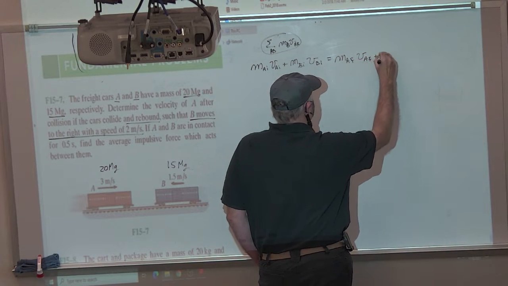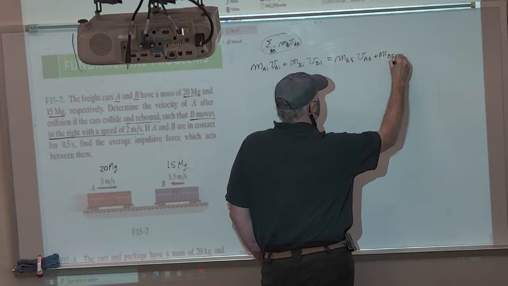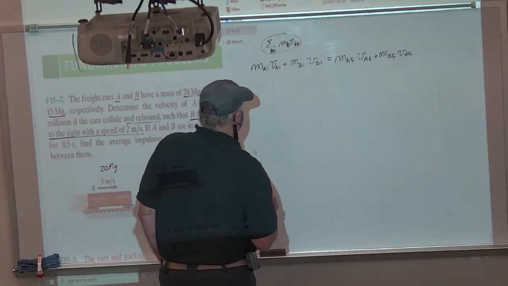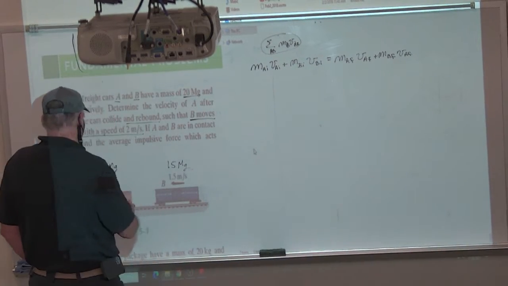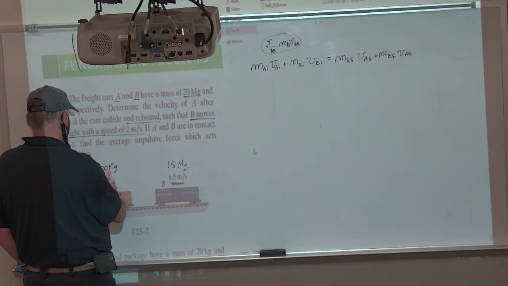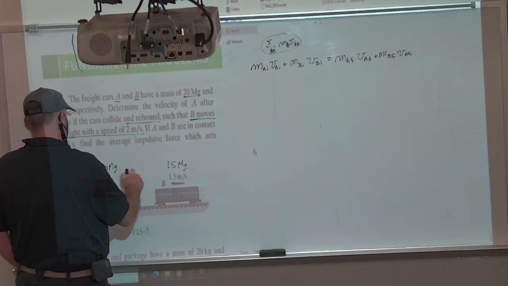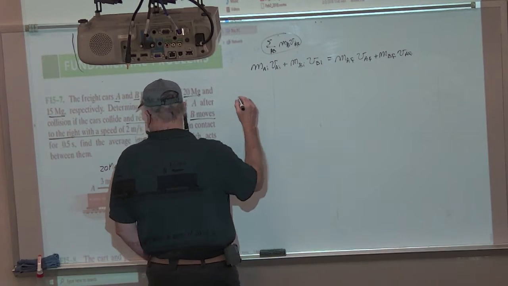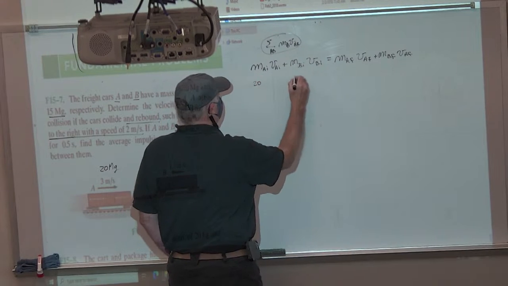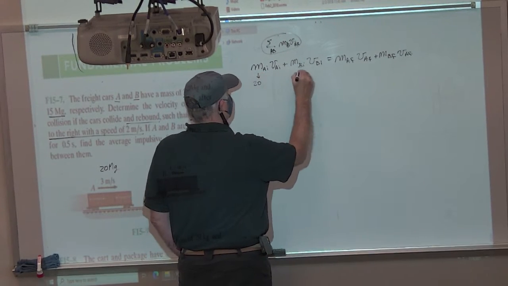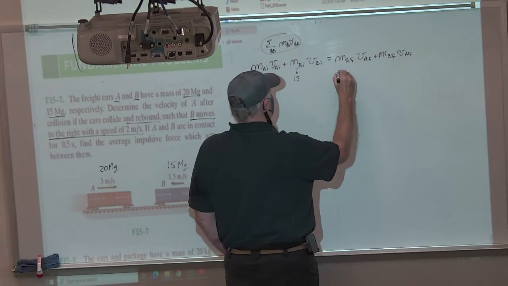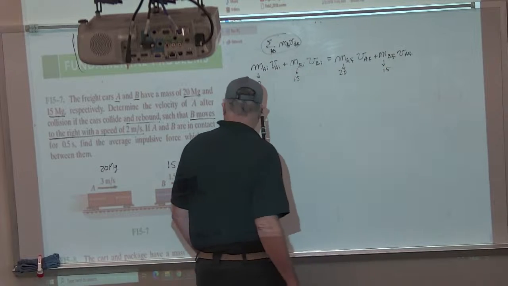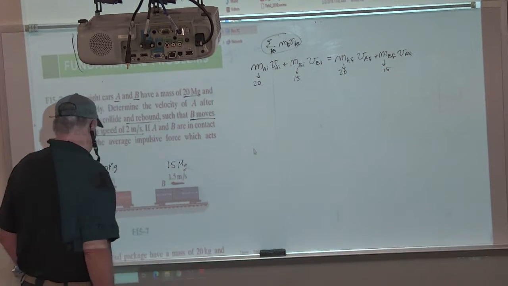MA final plus MB final, VA final. So let's look at the necessaries. Now I'm going to keep them in the 20 because it would make no difference since the units are the same. I'm going to use 20 and 15. And they didn't change weight or mass because of the collision.